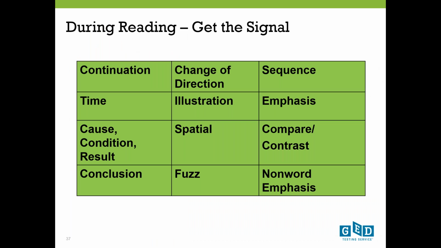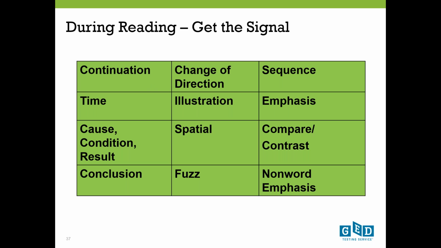From there, now I'm reading, but do I know that I am getting the signal? Am I understanding what the author's trying to tell me? Do I recognize those signal words that tell me that this is a continuation, and therefore, or do I have a change of direction?